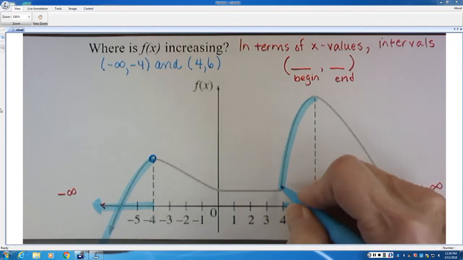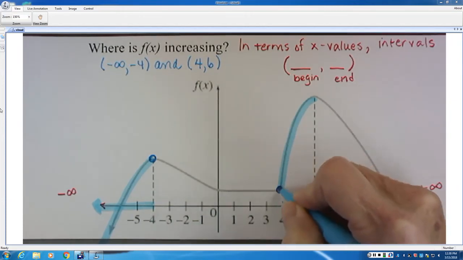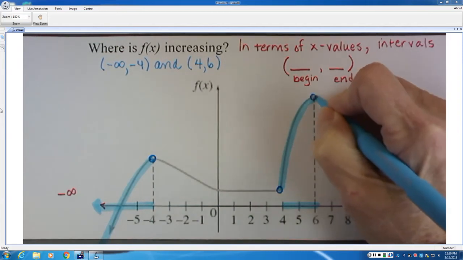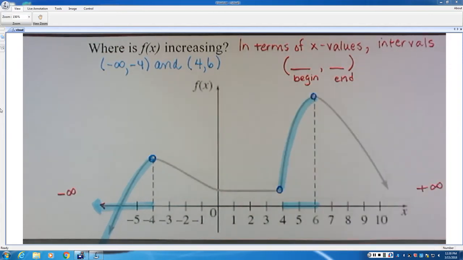The value positive 4 is not included in that second interval, nor is the value of 6. Because at exactly 4, it's neither increasing nor decreasing. It changed directions. At 6, it is not increasing and it's not decreasing because it changed directions.